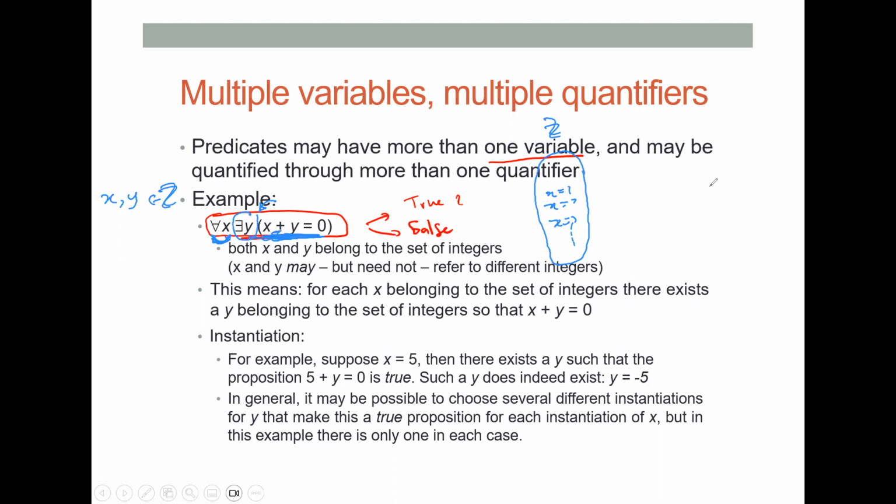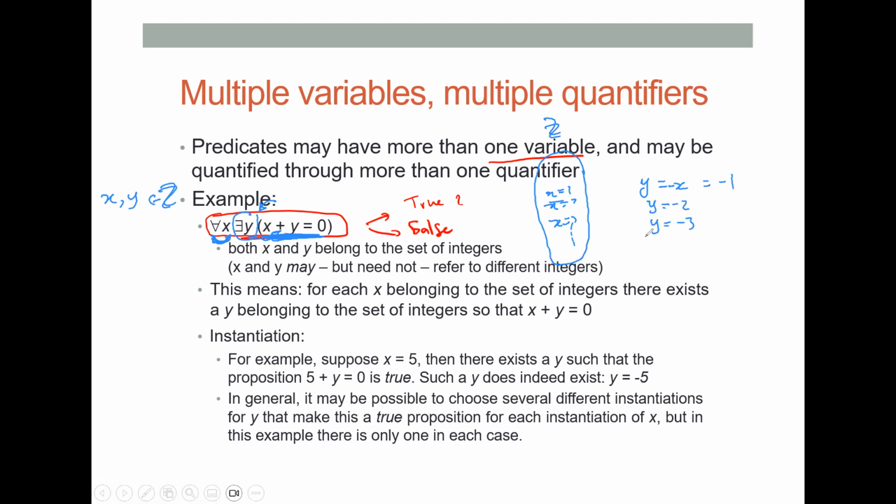So now the condition is that X plus Y is 0, which means that the value of Y that satisfies this condition is Y equals minus X. So now if X is 1, Y is minus 1. If X is 2, Y is minus 2. If X is 3, Y is minus 3.